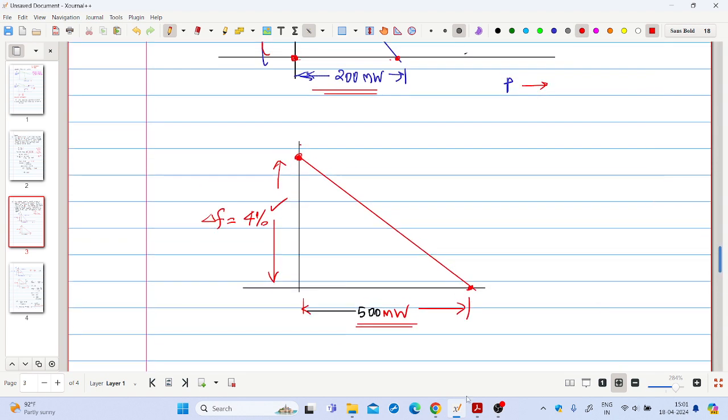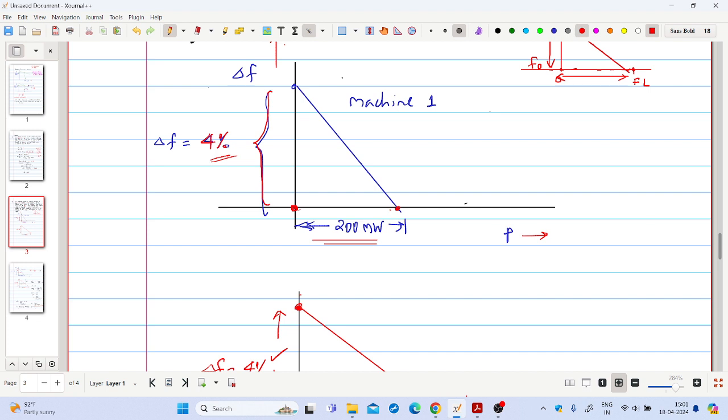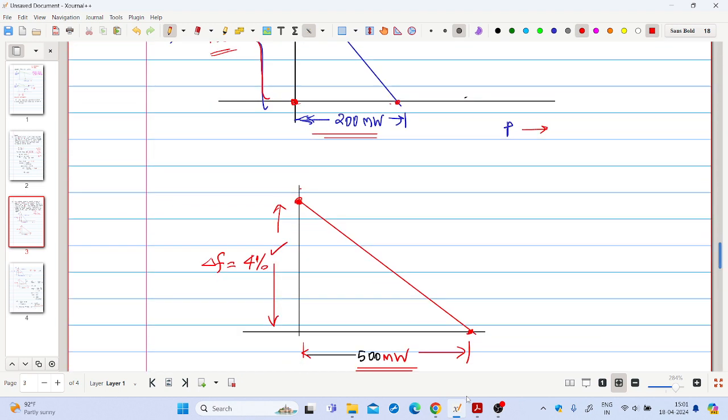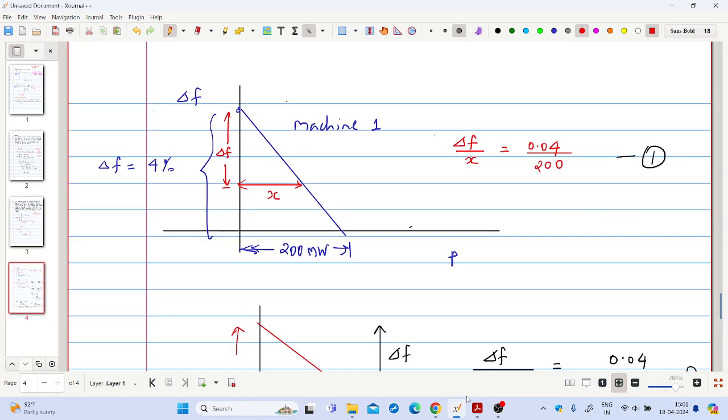Now when these two machines operate in parallel, they should share a common frequency. Suppose the common frequency is at this value. I have drawn a different figure. The load shared by machine 1 is X. What will be the load shared by machine 2?